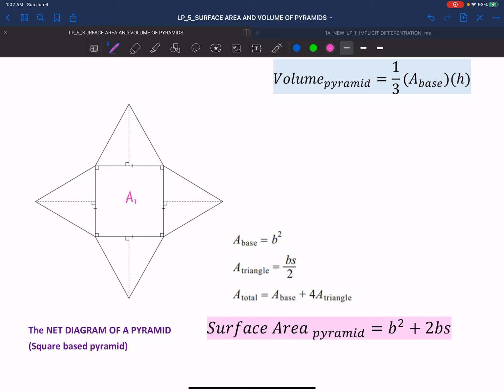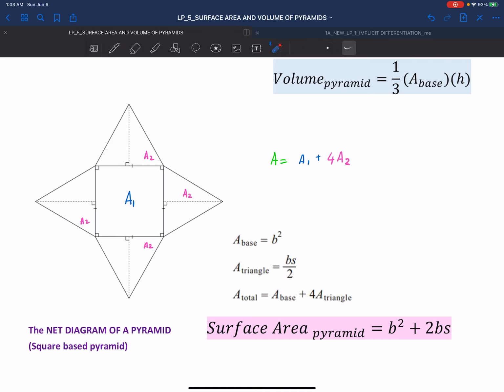Now, since the pyramid, according to the net diagram, has the base, which I'm going to call by letter A1 here. Let's make it blue since we made the base blue before. Then the area of each triangle can be represented by the same letter. So if I were to put this in a formula, then I would write that area would equal A1 plus 4A2.